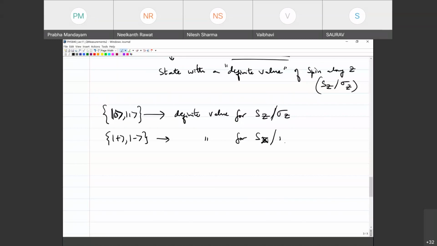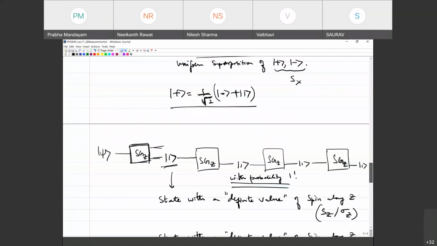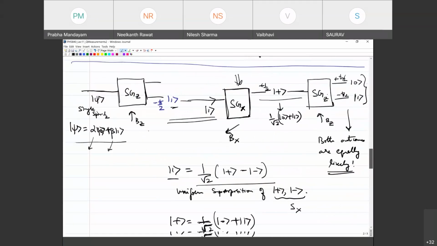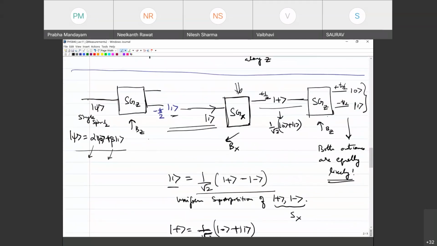Because I can also follow this up, instead of an Sgz here, with an Sgx. If this outcome is plus and I followed this up with an X Stern-Gerlach experiment, what would I get? Plus again. You would always get plus, again with probability 1.